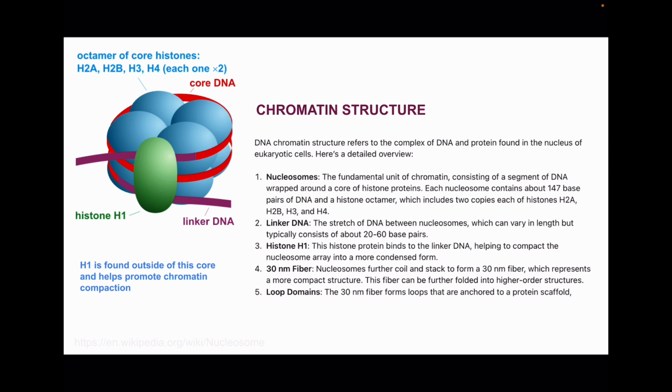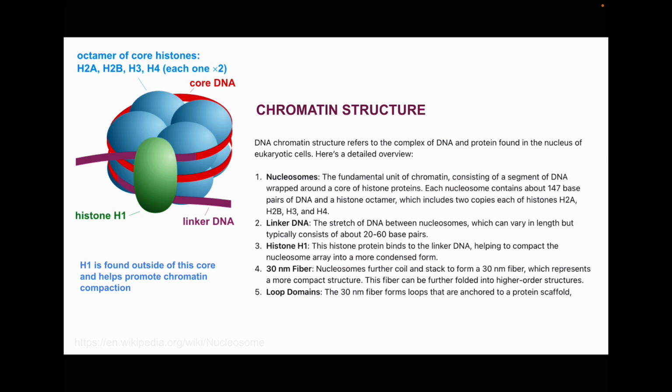The 30 nanometer fiber: nucleosomes further coil and stack to form a 30 nanometer fiber, which represents a more compact structure. This fiber can be further folded into higher order structures. There's also a loop domain. That's a 30 nanometer fiber loop that is there to anchor to a protein scaffold.